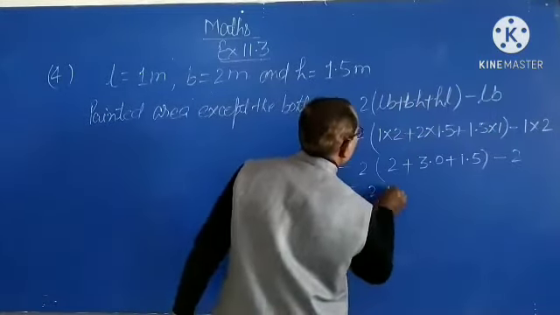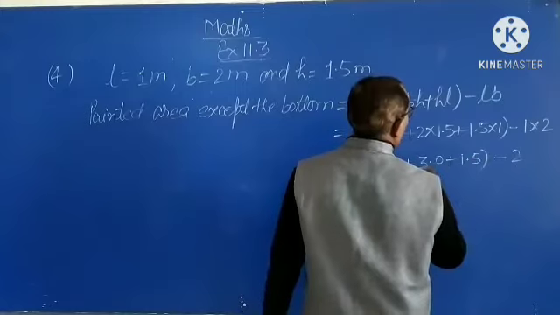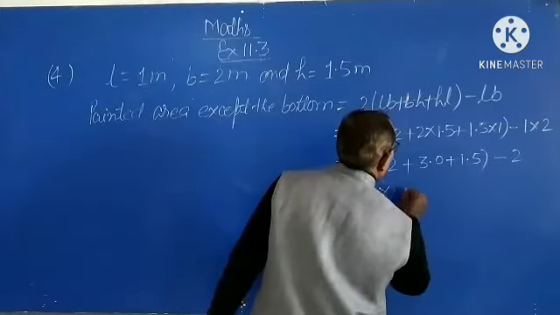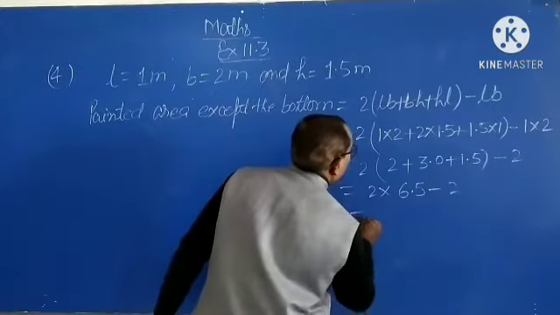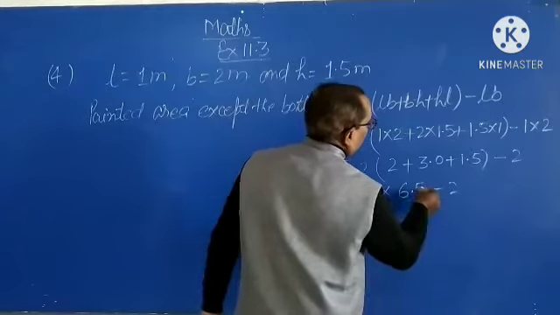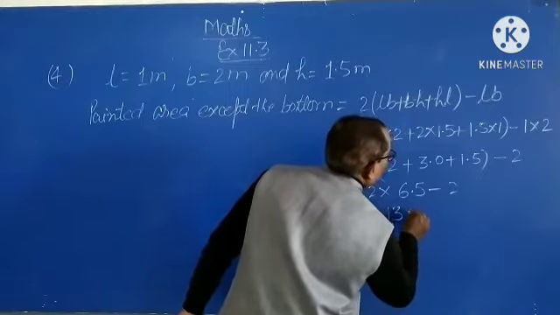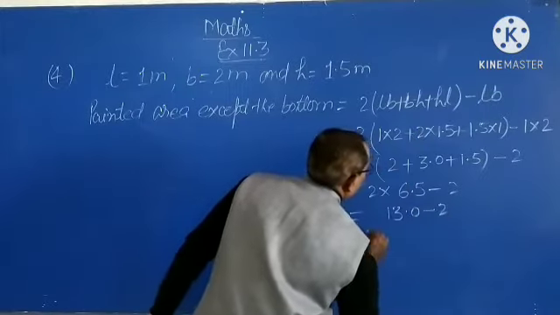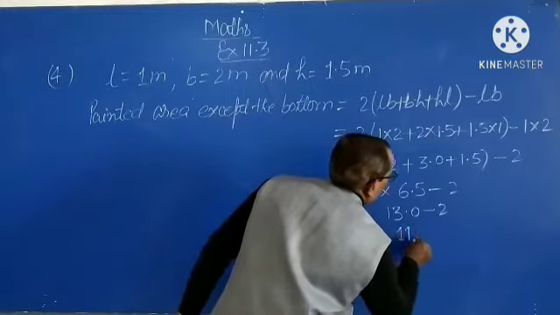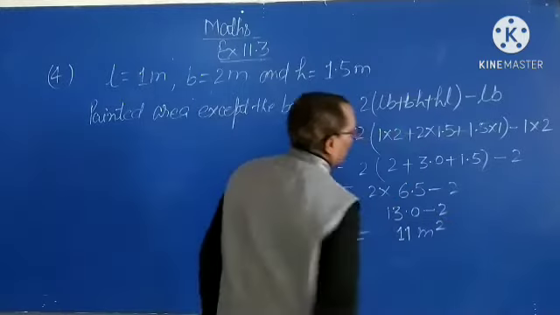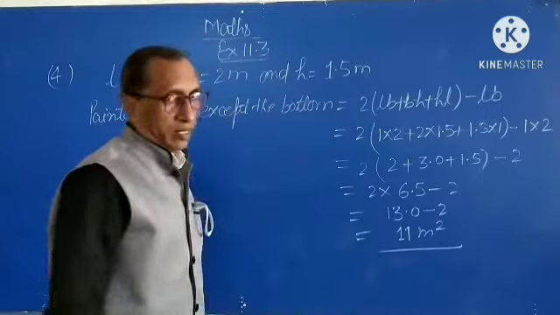You get 2 into 6.5, when you multiply you get 13.0 minus 2, that is 11 meter square. This is the painted area of the Rukshaw.